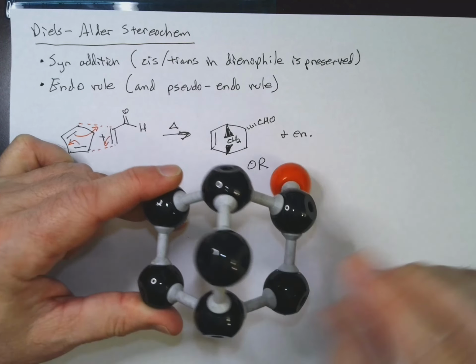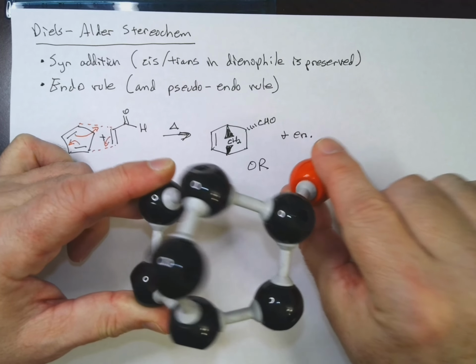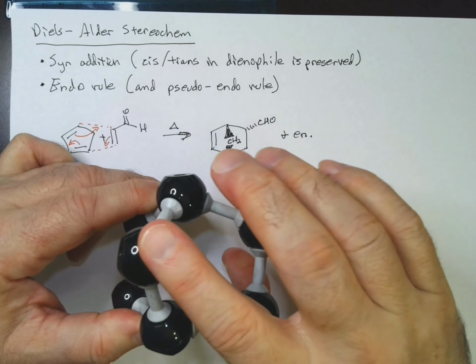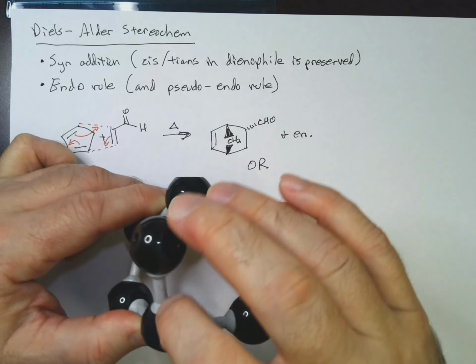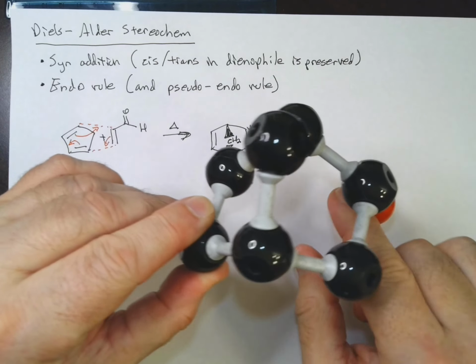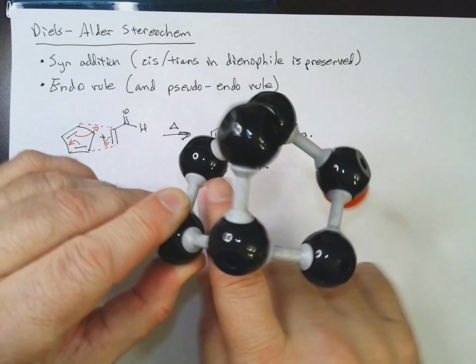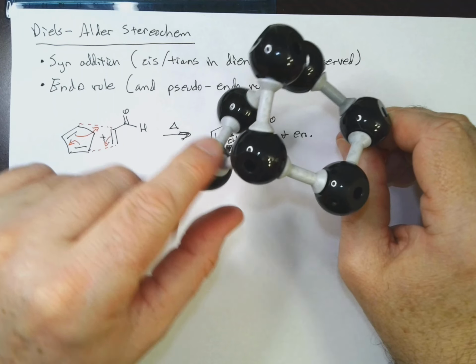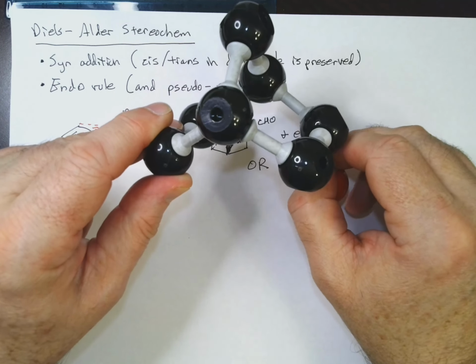I have a double bond here, which I didn't show. And then this is my CHO in this case, which is pointing down. Now, pointing away from this shorter bridge, or being on the side with the longer bridge is called endo. Okay, so if I look at this here, let's look at it a little differently.